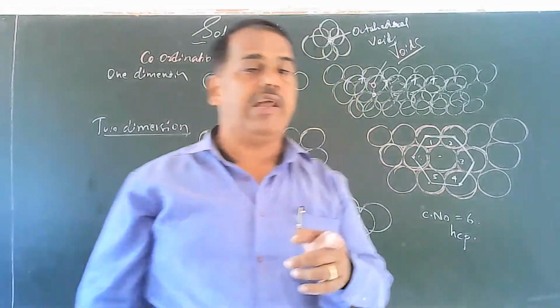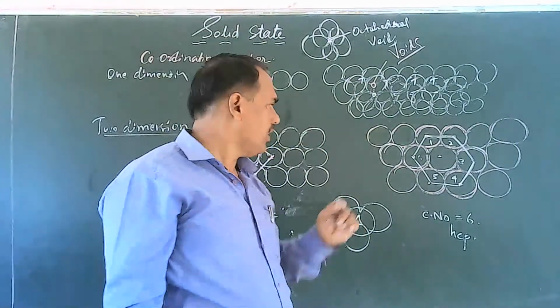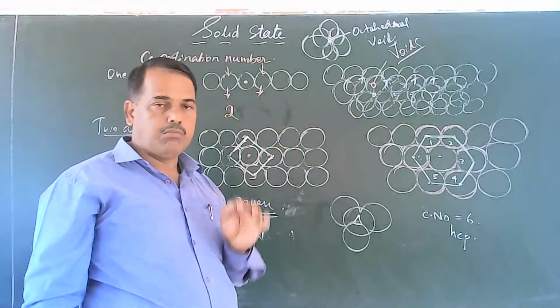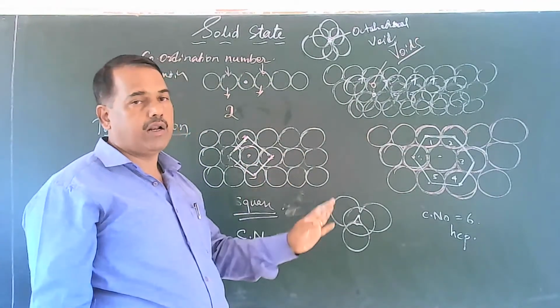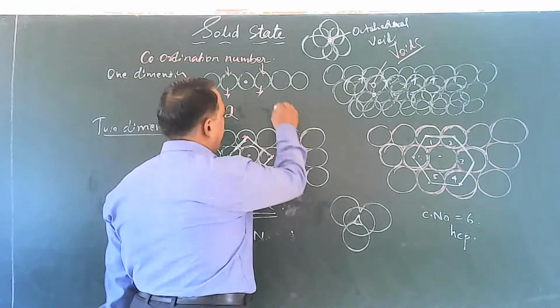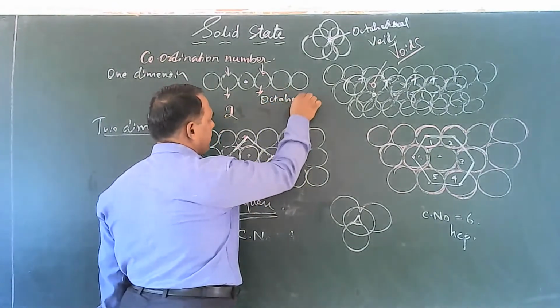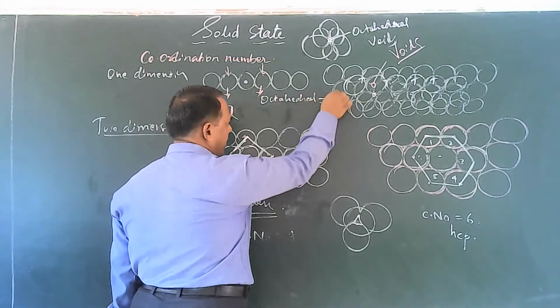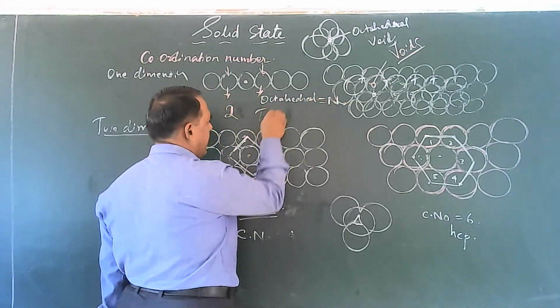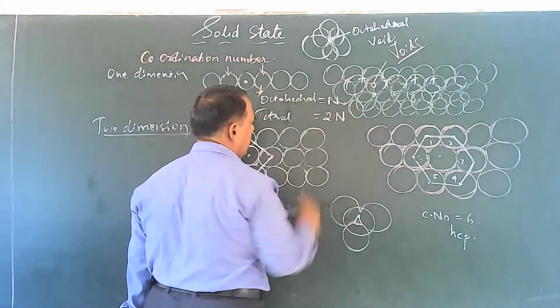We can find the tetrahedral void as well as octahedral. In any geometry, in any unit cell, the number of octahedral voids is equal to n, and the number of tetrahedral voids is equal to 2n.